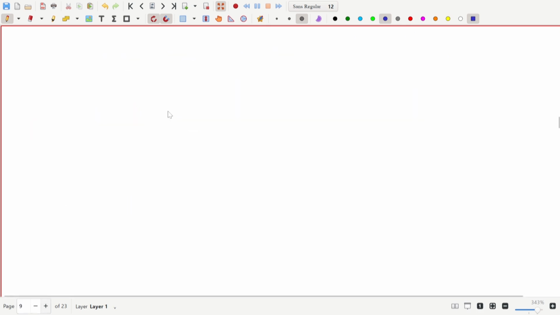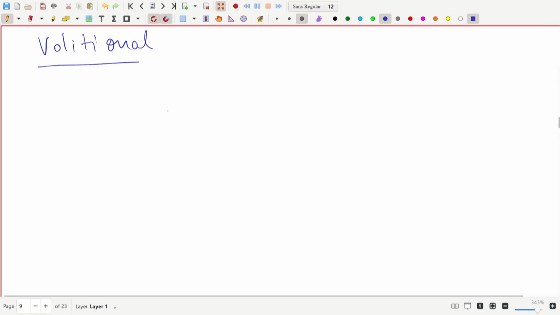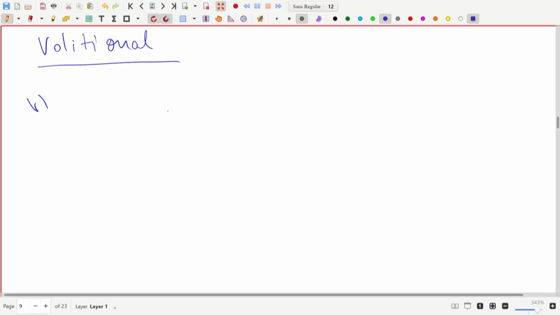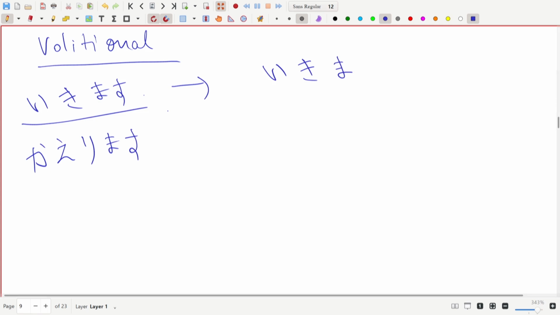So let's learn about the volitional form. Again, ikimasu we did. Let's do it with kaerimasu. Ikimasu changes into ikimasho.